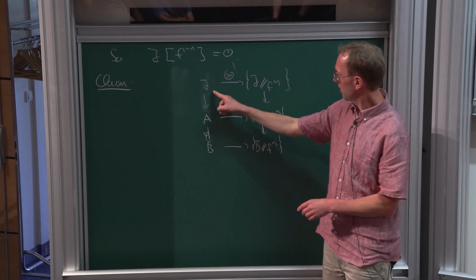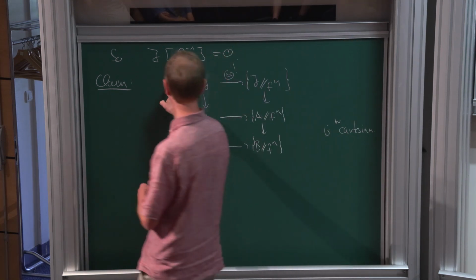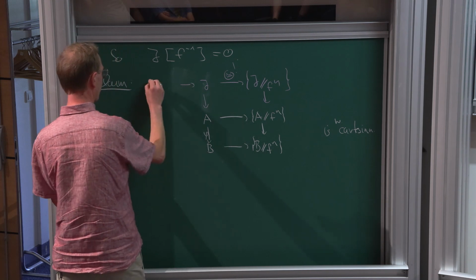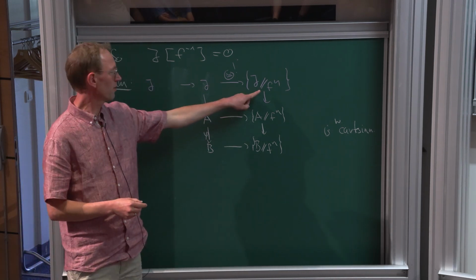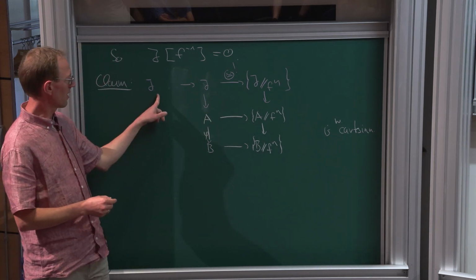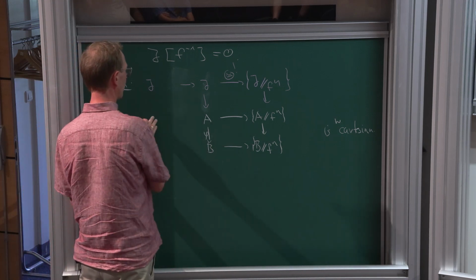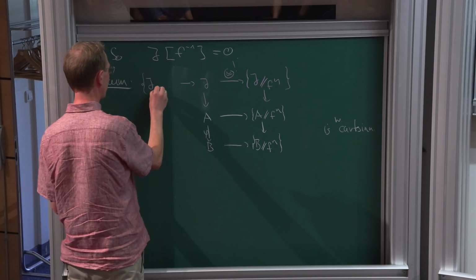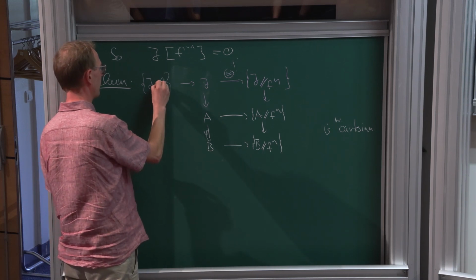But now this means that the fiber of this map is weakly equivalent to 0. So what is the fiber here? The fiber in every fixed degree of my pro system is just J, right? And the map is given by multiplication by F to the n. And what you see is that the pro system that you have here is the one where J is in every degree, but then the transition maps are given by multiplication by F.